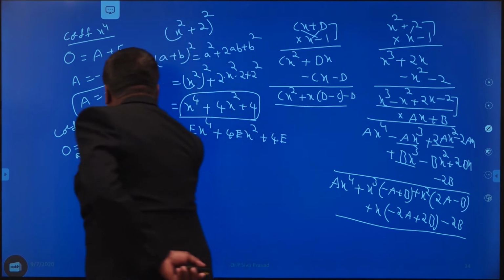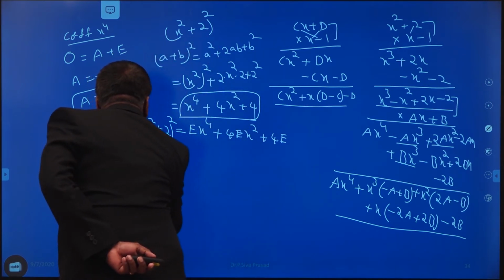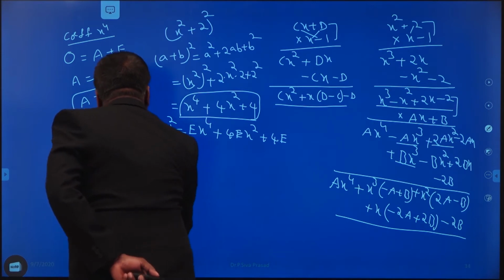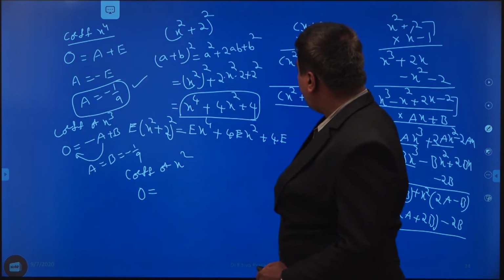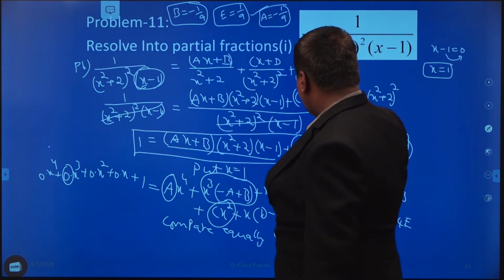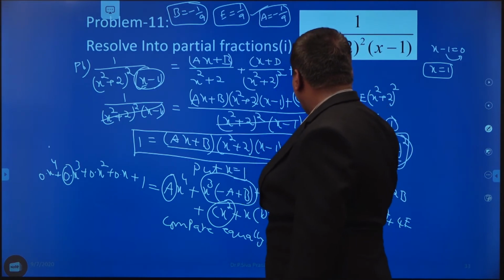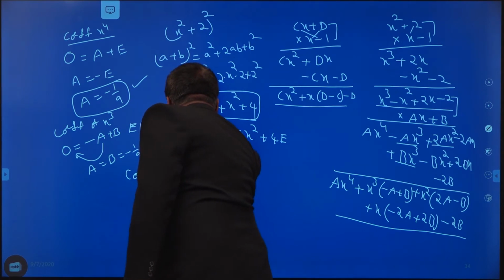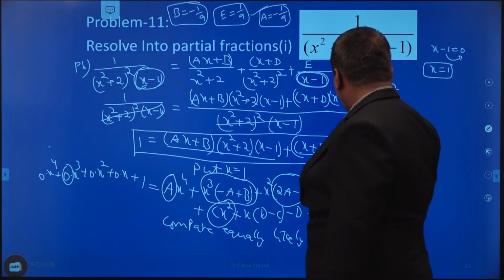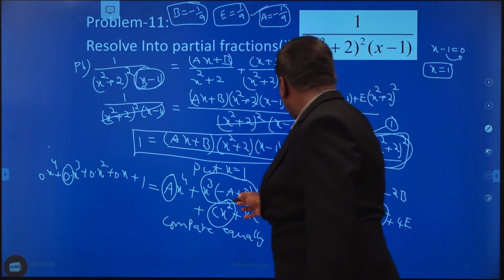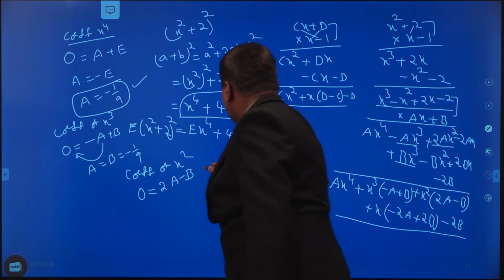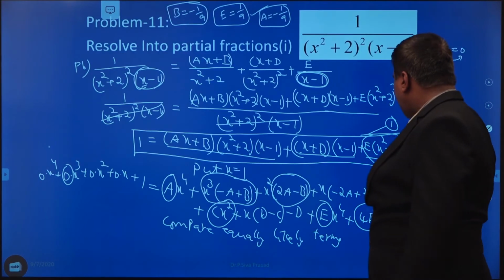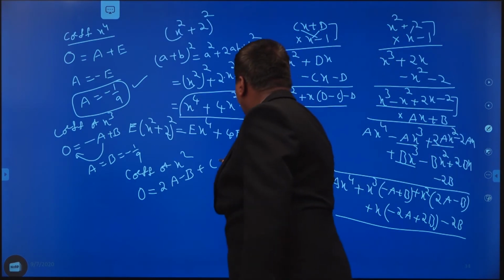Therefore the coefficient of x square: in the left hand side that value is 0, and that is minus of 2a minus b, and the x square coefficient value is plus c, plus 4e.